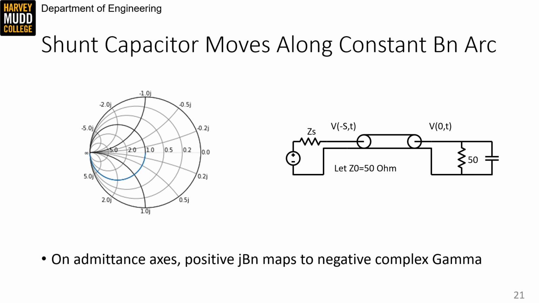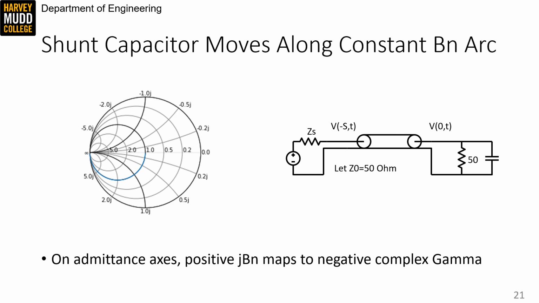Another tricky termination would be a shunt capacitor. At low frequencies it would be open, so we'd expect a reflection coefficient of 0 at the middle of the Smith chart. At high frequencies it will be a short circuit, so it would show up at the gamma equals minus 1 point on the left of the Smith chart.